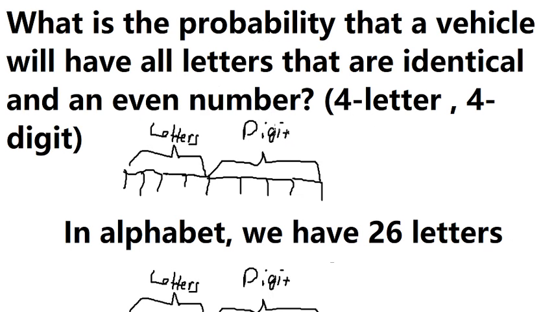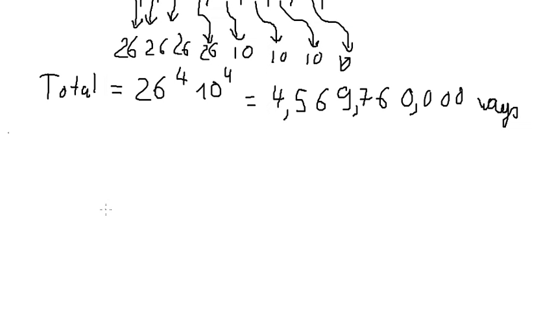Now let's go to the question. We want to find a vehicle where all letters are identical. Identical means all the letters are the same.